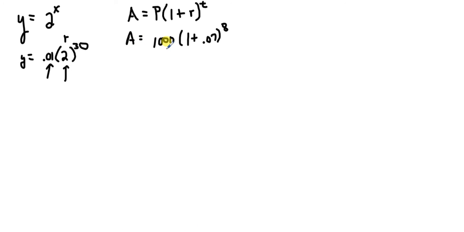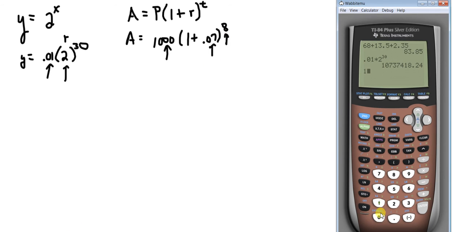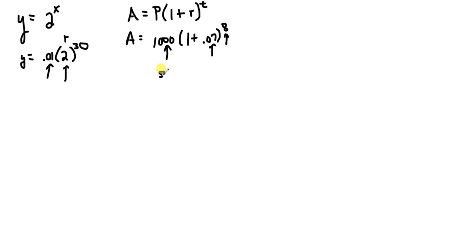So initial amount, our rate, and our time. And 1,000, 1.07, that's 1.0 plus 0.07, to the 8 years, and we have $1,700.18. That's compound interest, but compounded annually.